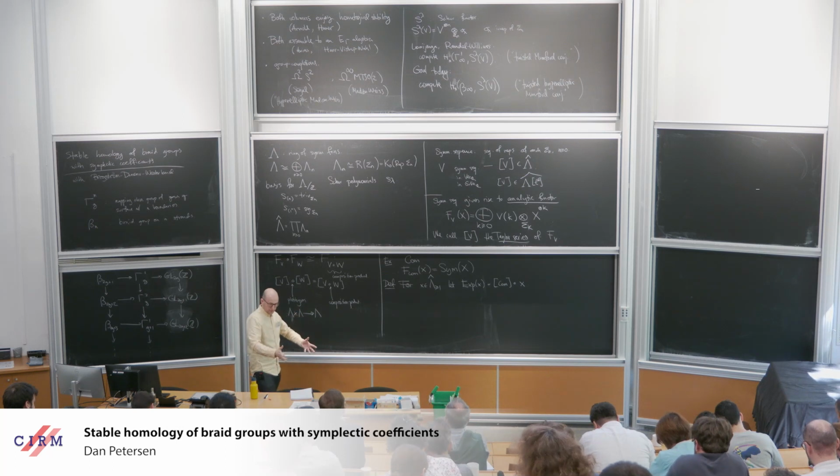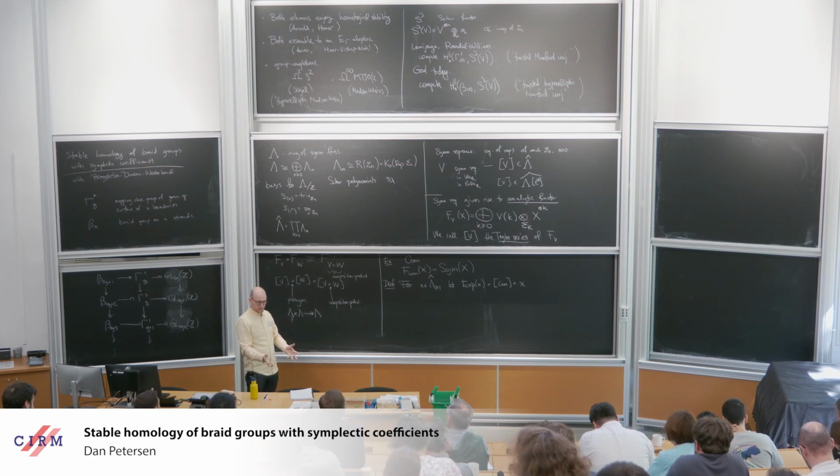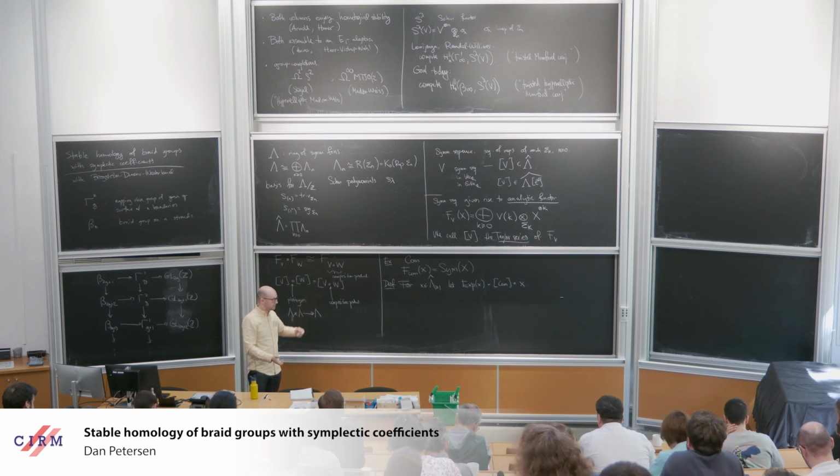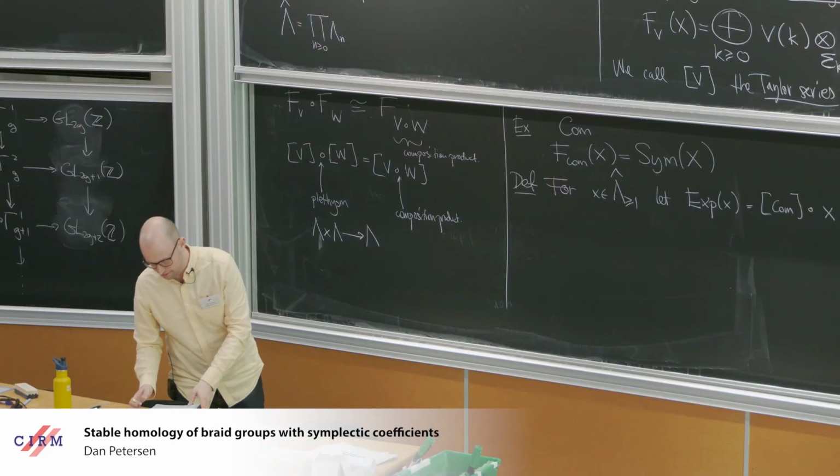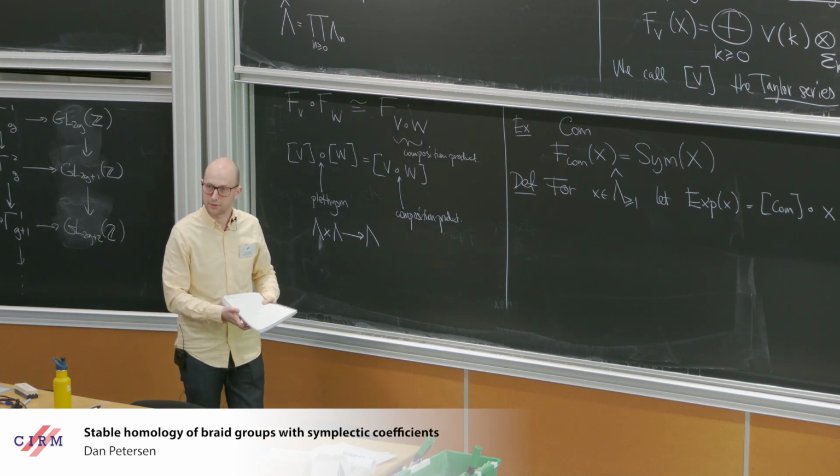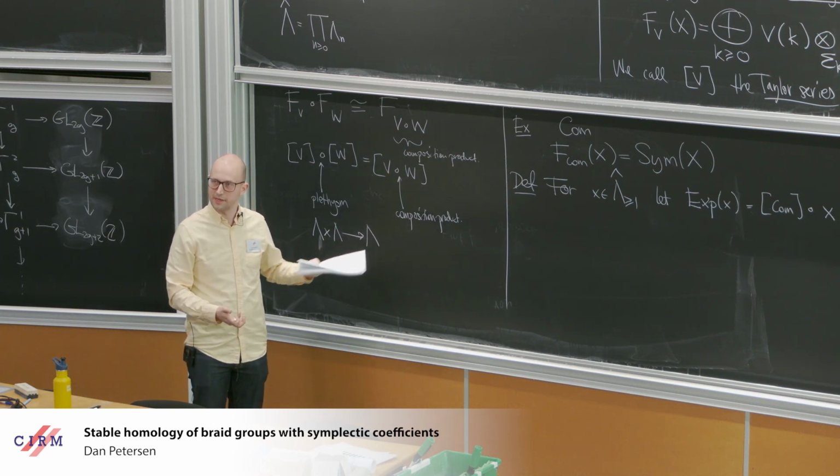So this exponential is the functor, the operation that corresponds to taking the symmetric algebra. And this was introduced by Getzler and Kapranov in their paper on modular operads, and they call this the plethystic exponential.